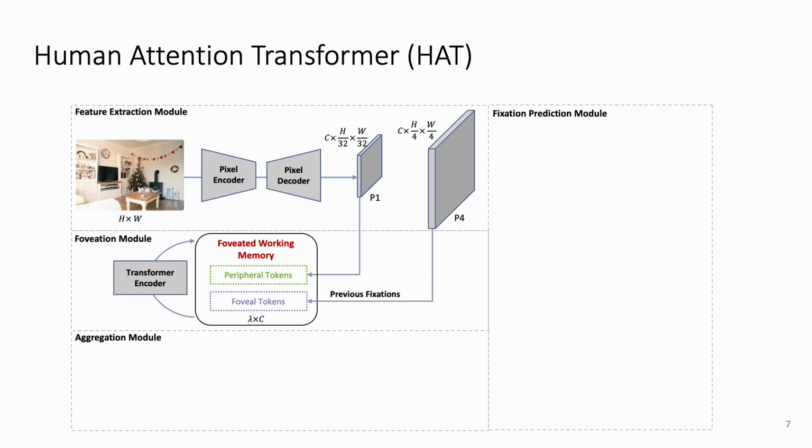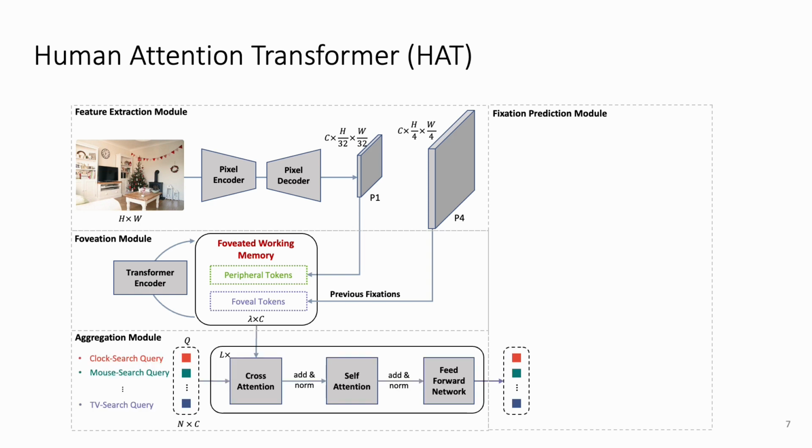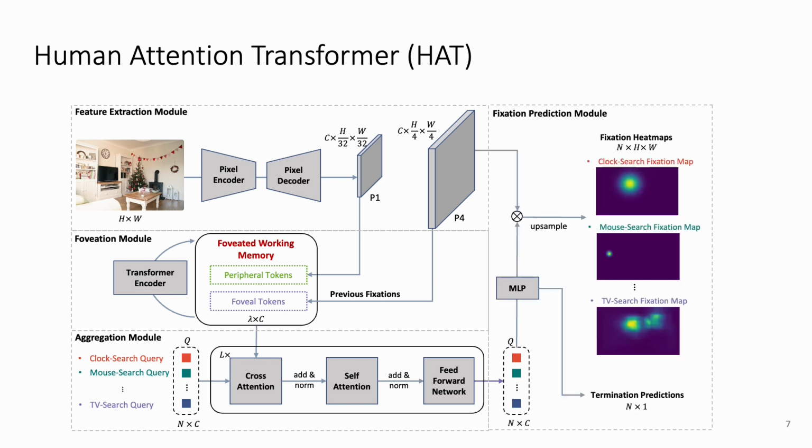A transformer encoder is applied to learn the foveation from these tokens. Then we create a set of queries to learn the task-specific information from the foveated working memory using the transformer decoder. Lastly, each learned task-specific query will be convolved with the high-resolution feature maps to produce the fixation heat map as well as a termination probability for each task.